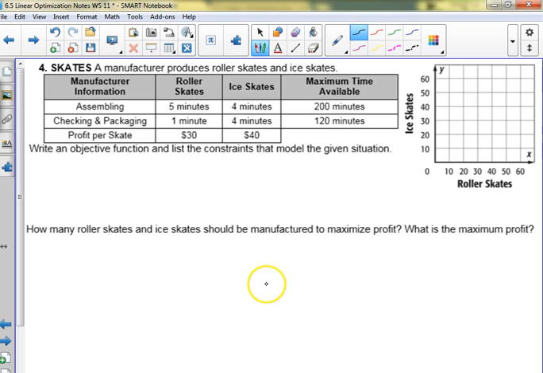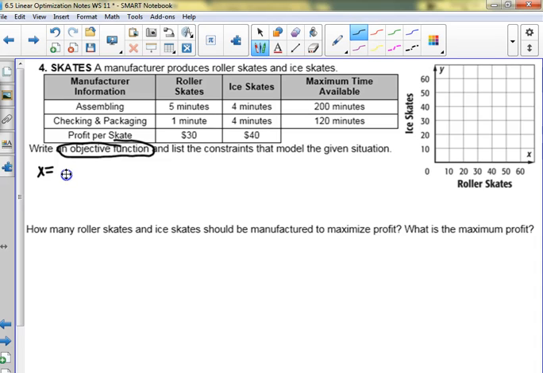All right, we got time to do one more application. Okay. Skating. This one is kind of set up for us, I think. What's the objective function? Okay. It looks like over here they have skates are x. Do you see how they set it up for us? It says the x-axis is roller skates.